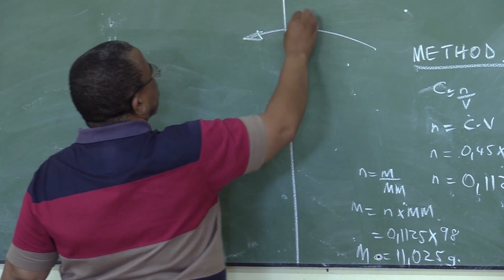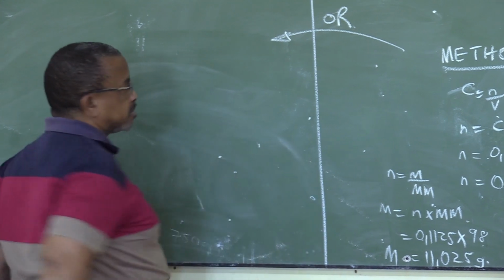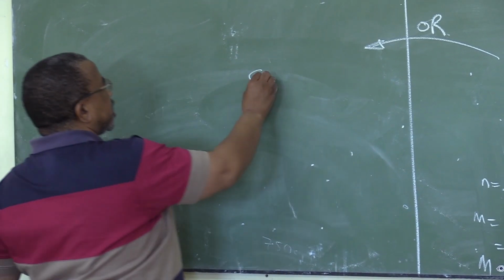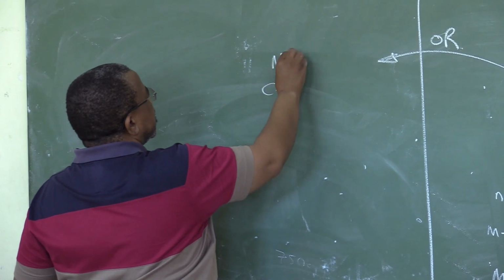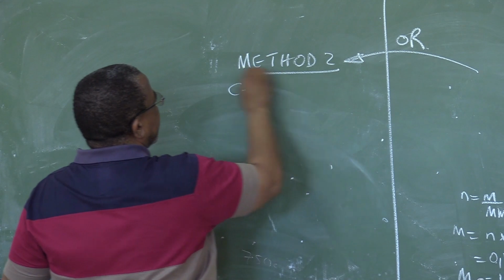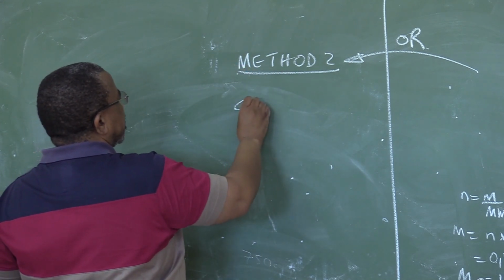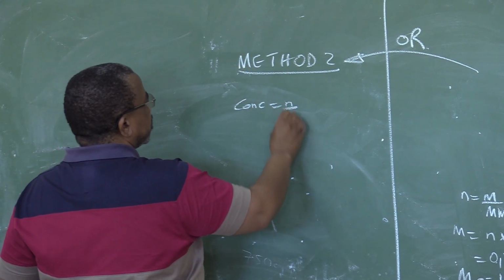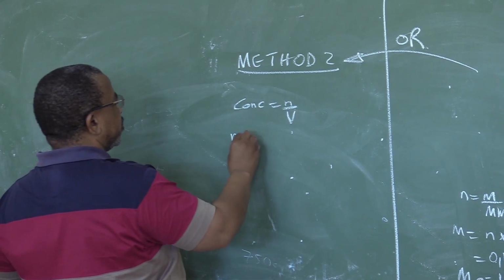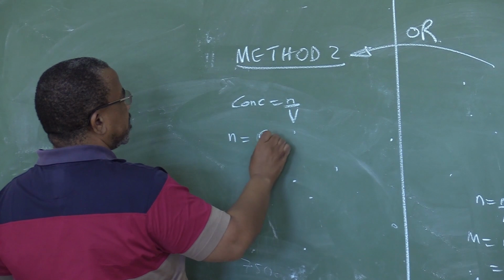Method B: concentration is number of moles over volume. What is number of moles? It's CV.